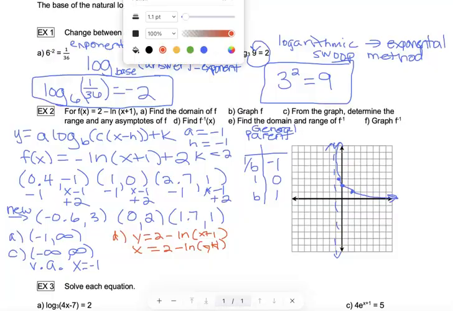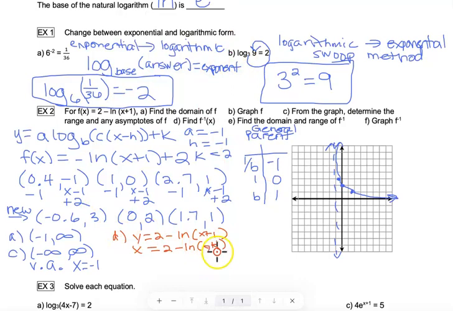Then, because we want to get y alone here, we're going to need to move everything so it's just a single logarithm over there, because we know we can get rid of logarithms using the swoop method that we did in example 1. So I'm going to subtract the 2 on both sides.